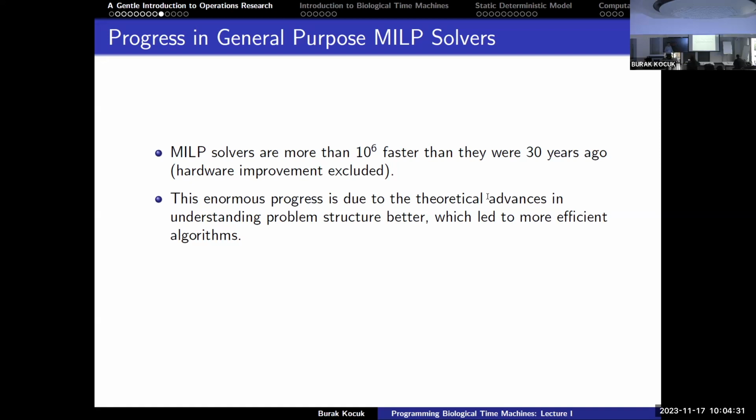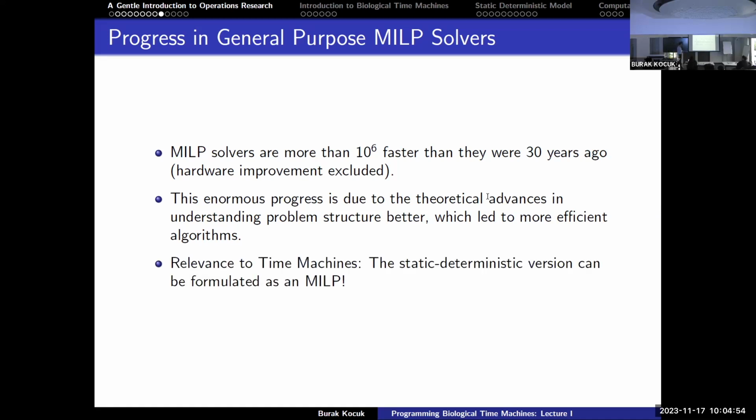Sometimes I give this example: if you have this machine from 1991 and you started running an optimization problem that day, it would still be running today, assuming that it has enough memory. But now maybe you can solve that problem in a second.